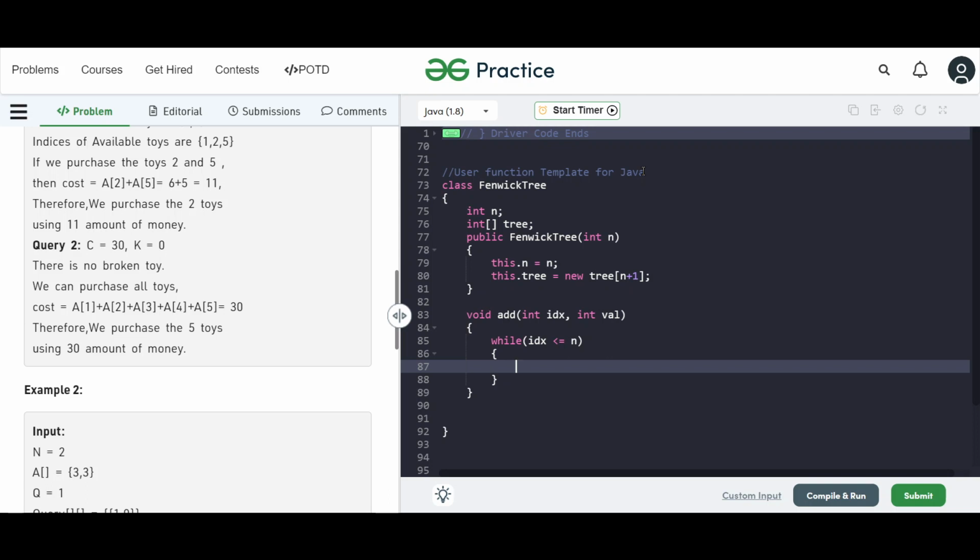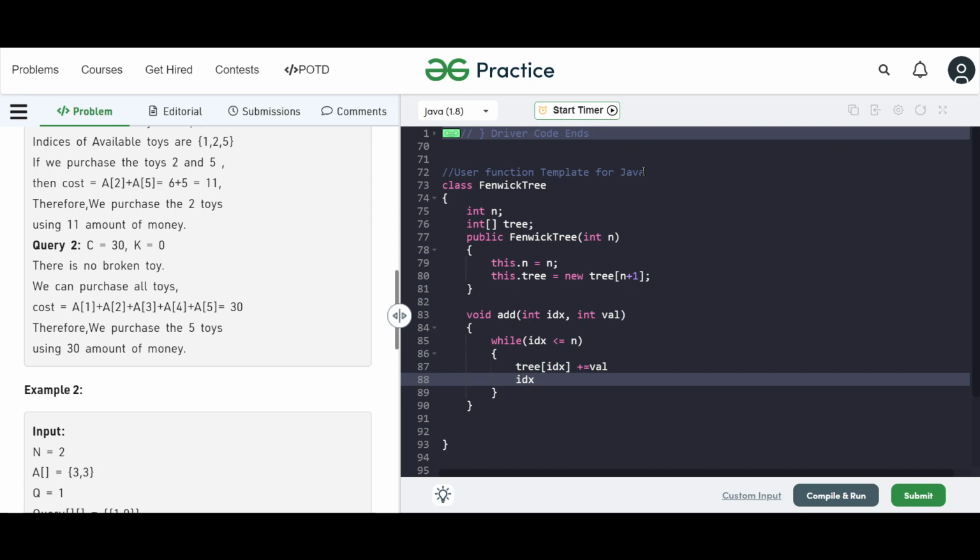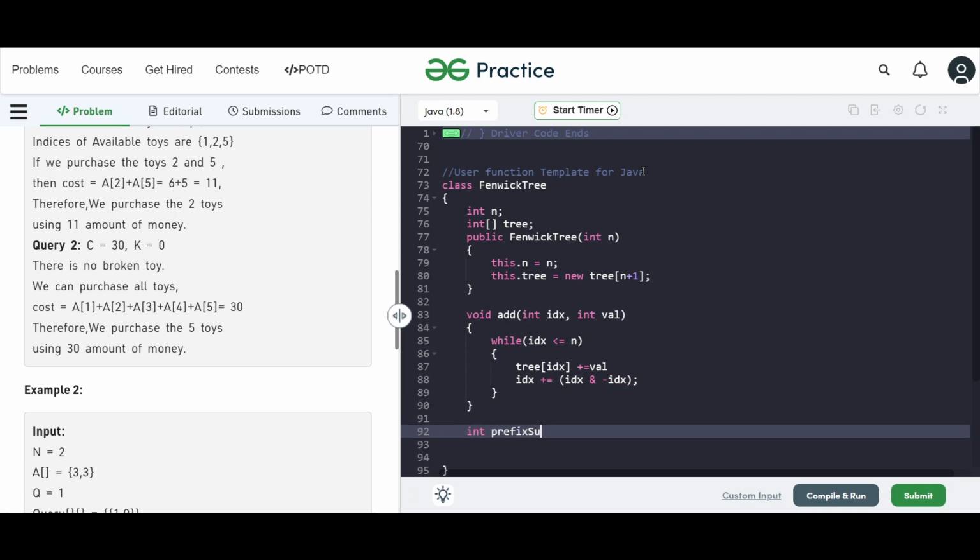So when I'm doing an add, I essentially just do a tree index plus equals to the val, and I do index plus equals to, now going to the next guy who is responsible for this index, and that's all for the add.